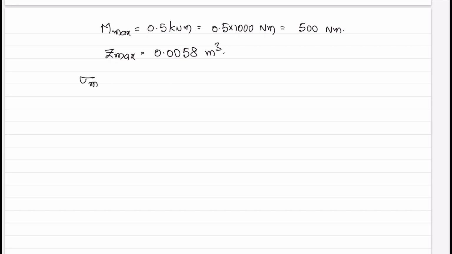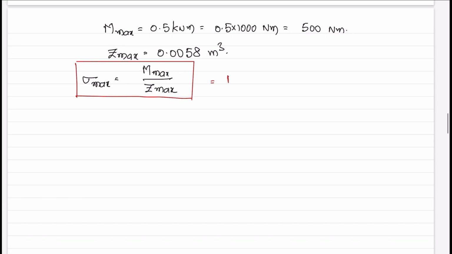Sigma maximum is equal to M maximum divided by Z maximum due to bending. Till now we are only talking about bending stresses. Sigma denotes the bending stress. This is equal to the maximum applied bending stress.